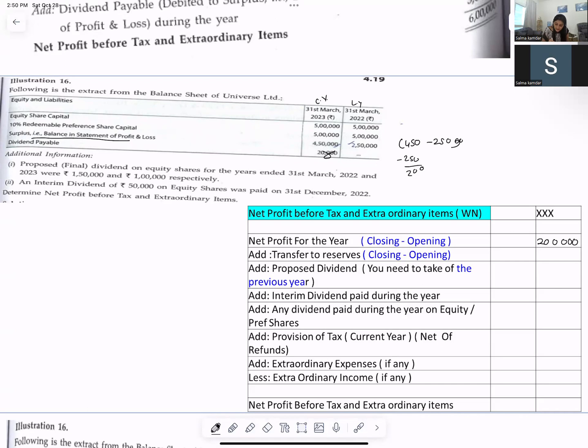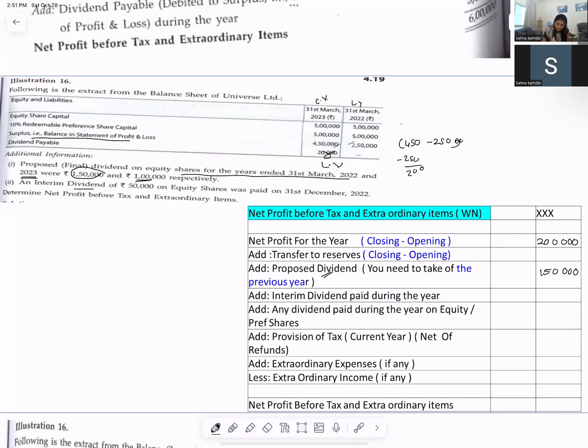You have proposed dividend on equity shares for the last year, 150,000, and for the current year, 100,000. Dividend is taken on paid basis. Proposed dividend will always be taken for the last year. So it is for the last year.